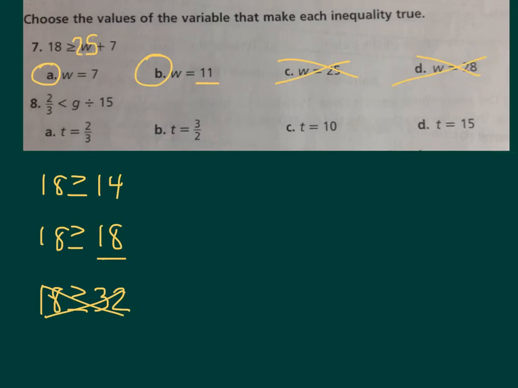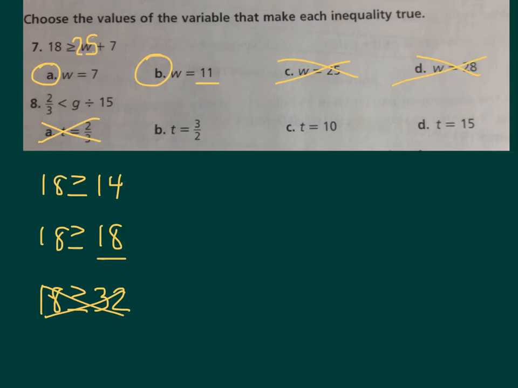For number 8, if we look here and divide these out, this is ridiculously confusing considering we haven't done this with fractions yet. But if I'm taking 2/3 and dividing it even smaller, when we divide the number gets smaller, so we know it can't be bigger than 2/3. So we don't even have to do any work there.